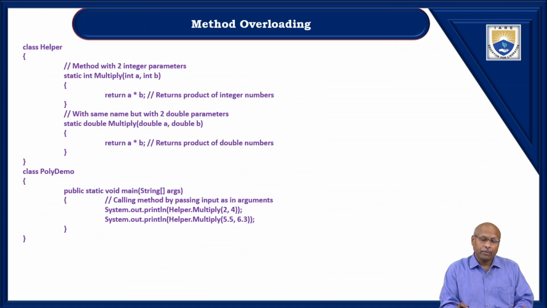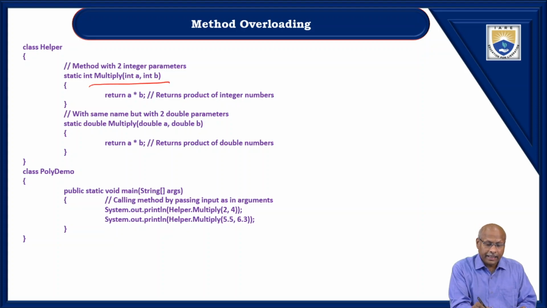Now a simple example of method overloading. See, multiply int a comma b, it returns what? A and b. Again there is one more method, multiply double with double. Here we are passing integer, here passing double. Function name is multiply, here also multiply. Function names are same but parameters are different.